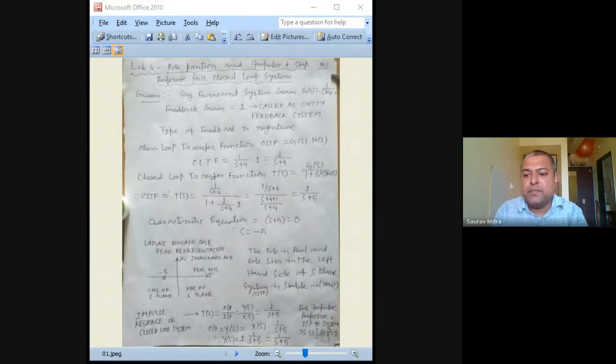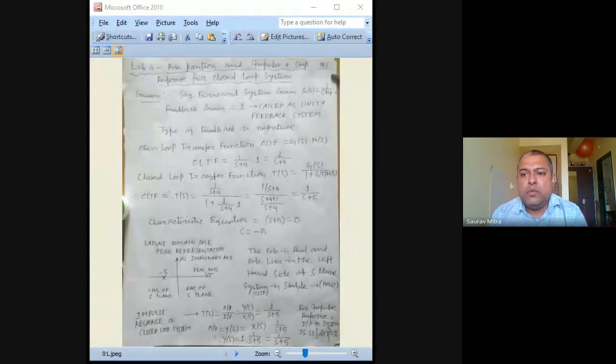That is the first process, and the second process is called the signal flow graph. Though we don't know the things fully, yes, we know the basic things about block reduction as well as the signal flow graph.